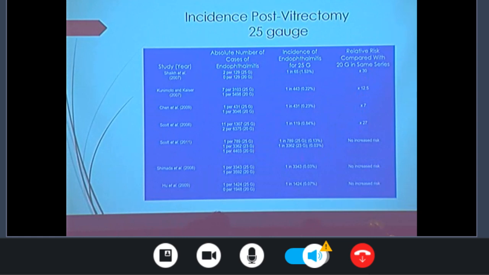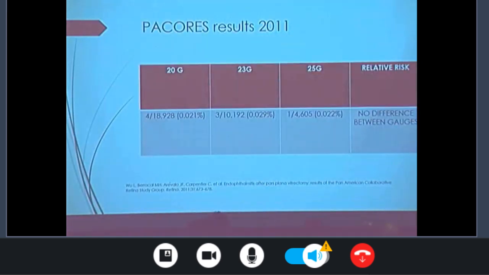But further on, in more recent years, Scott, Shimada, and Hu determined that there was no increased risk between gauges. Now, the largest study that has ever analyzed this was the Pan American Collaborative Retina Study, and they published their results in 2011.